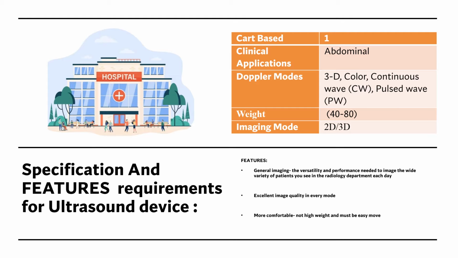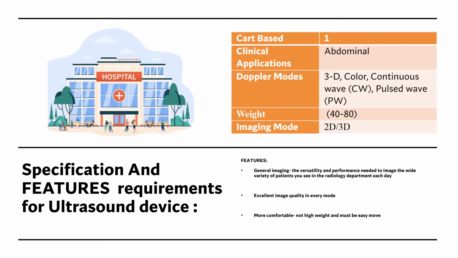Then Doppler modes, we need 3D Doppler, color Doppler, continuous wave Doppler, and pulse wave, because we need quality imaging. Then the weight, we need 40 to 80 kilograms because it is easy to move in a hospital.